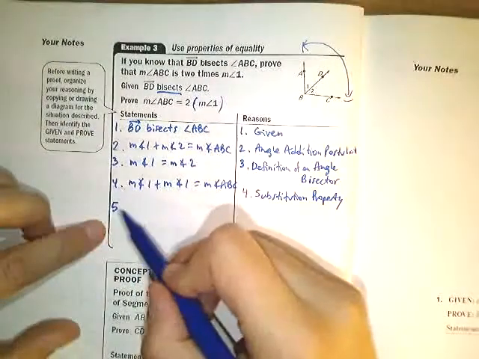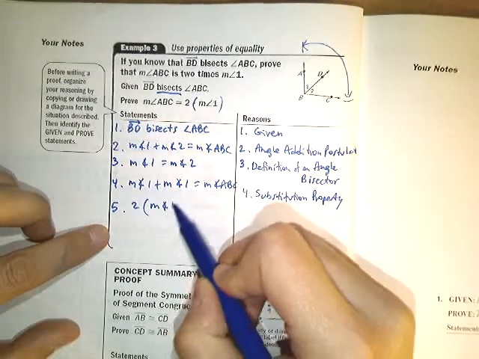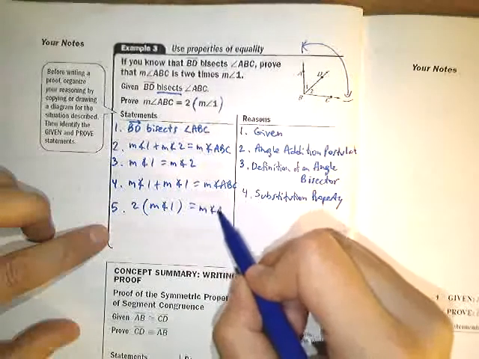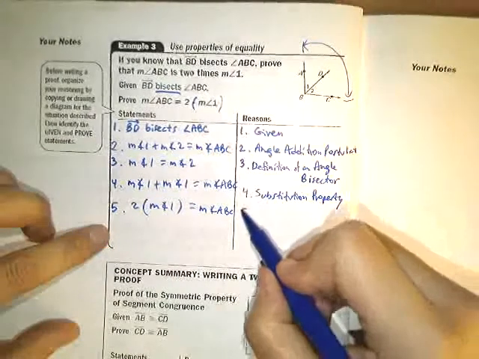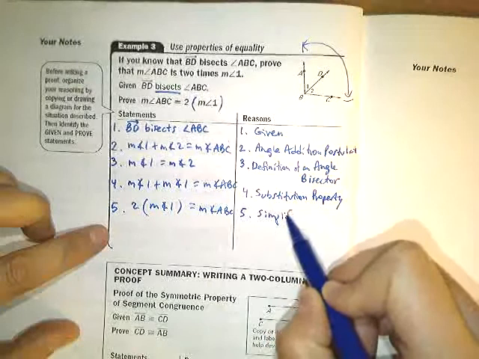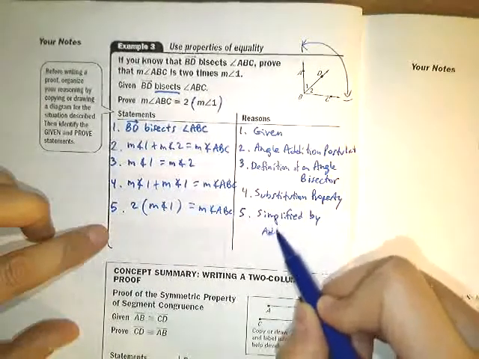And then finally step 5 is when I multiply measure of angle 1 by 2, it's the same as adding it to itself. That's what they wanted us to prove. Up here I'm just writing it in the opposite order. And I'm just going to write that I did a simplification. Simplified by adding like terms.